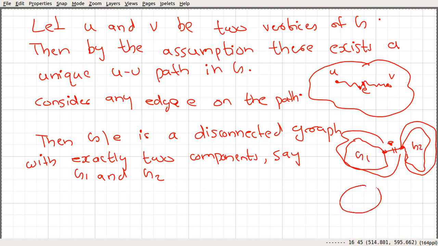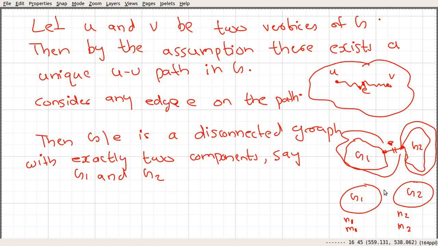Let N1 and M1 be the number of vertices and edges in G1, and N2 and M2 be the number of vertices and edges in G2.